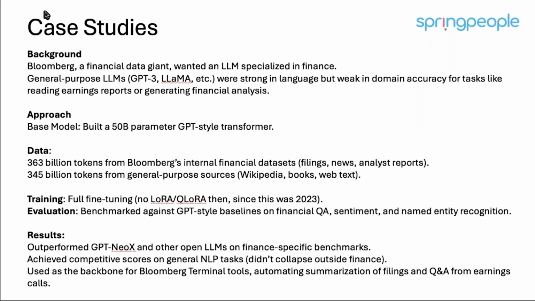The topmost reason was that they couldn't share a lot of the data they have been using with anybody else. So they used their own financial data sets, news items around that, and then they built a 50 billion parameter GPT style transformer.